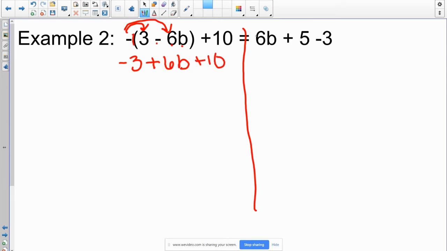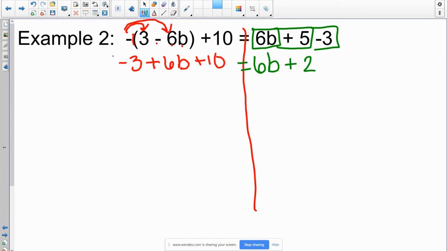Over on this side, I notice that there's no distributing, so I can combine like terms. I'm going to put them in a box so we can see the terms easier. 6b has nothing to go with, but +5 and a -3 are both constants, so I can add them together, and that would give me 2.